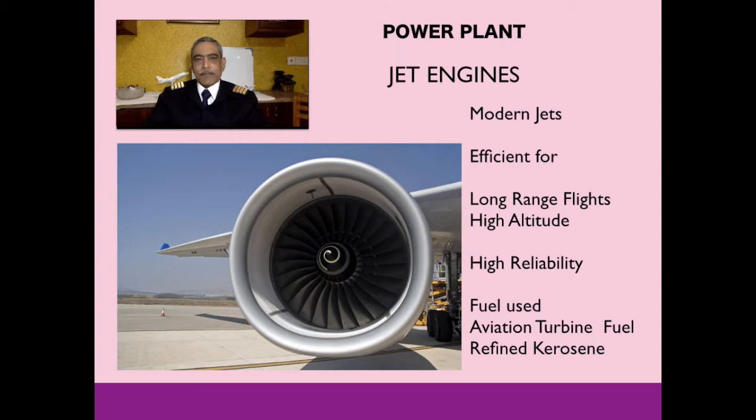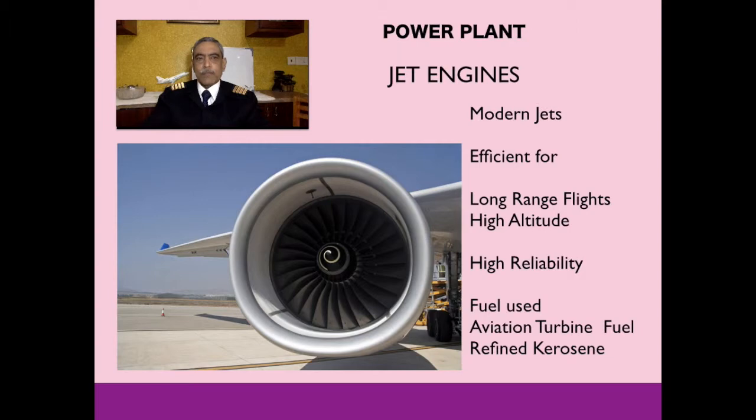There are several types of power plants that are fitted in aeroplanes, and the most important, the most popular, and the most modern are the jet engines, which we will spend some time trying to understand more about. Here, I have shown a picture of a jet engine, which you are all very familiar with.